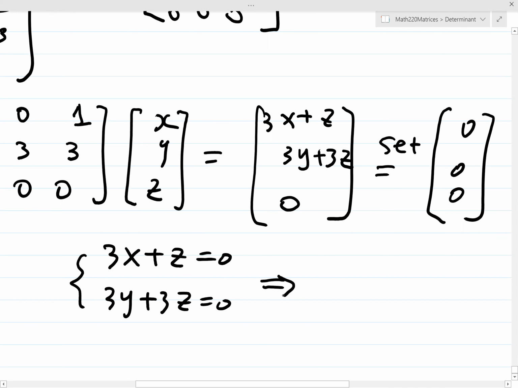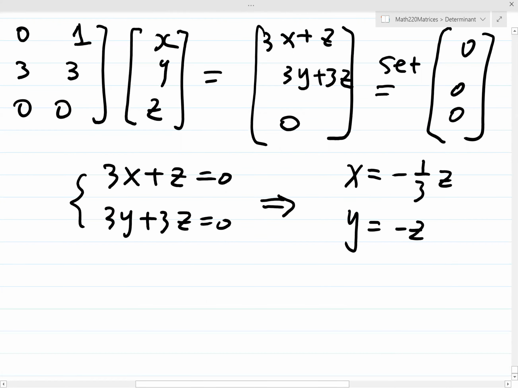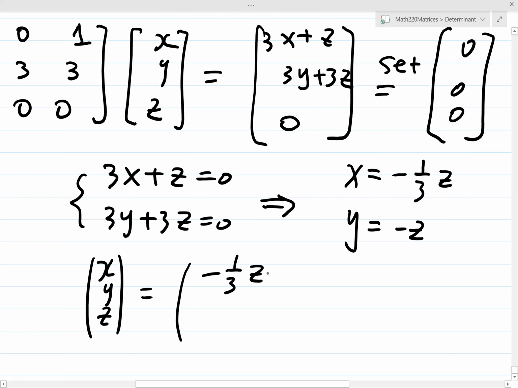The first equation tells us x is -1/3 of z. The second tells us y is the negative of z. Then the vector x, y, z is z multiple of -1/3, -1, 1.